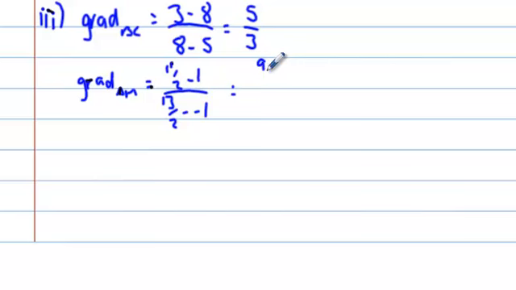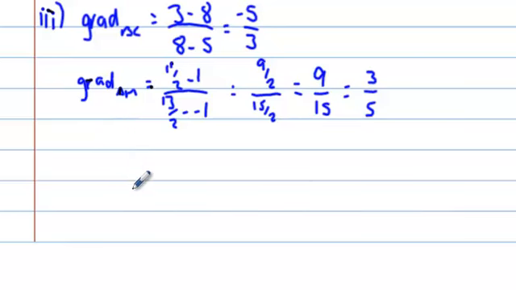That simplifies to 9 over 2 over 15 over 2. The 2's can be cancelled at this point, which gives me 9/15, which is 3/5. Just realised, just going back here, 3 minus 8 is negative, so it's -5 over 3.